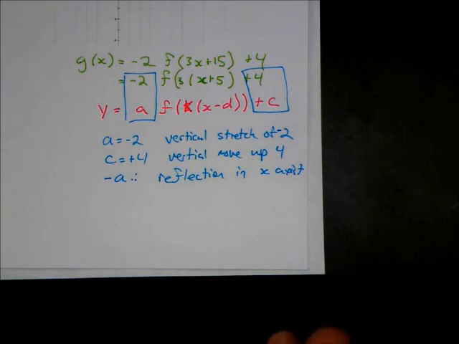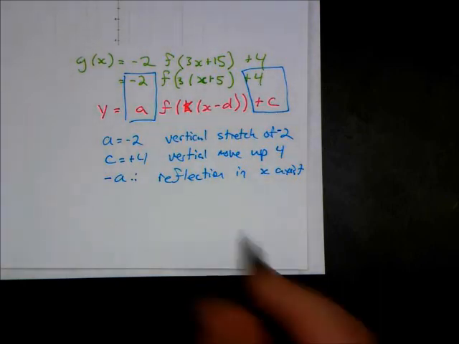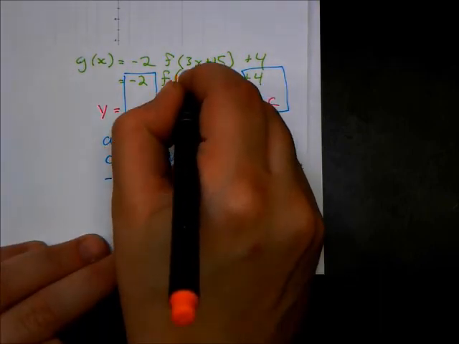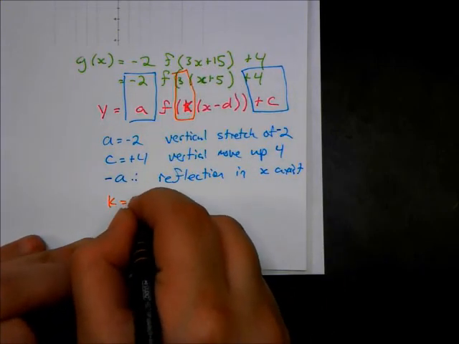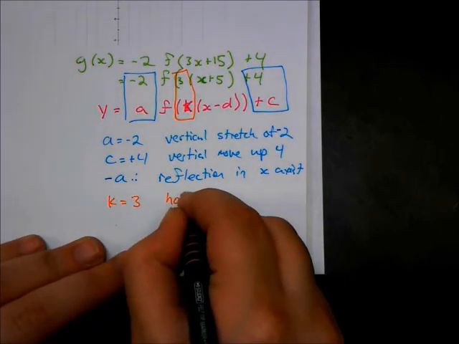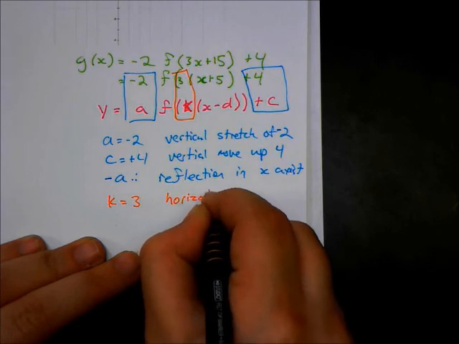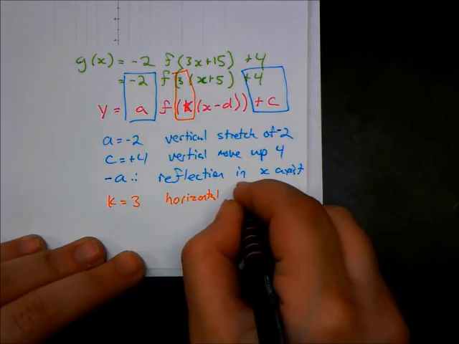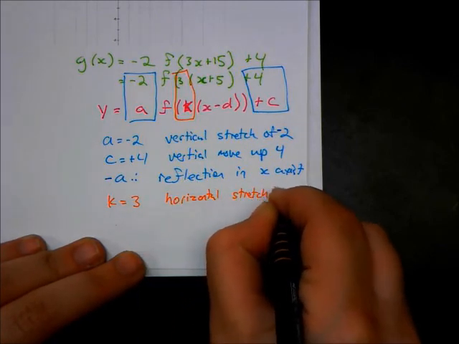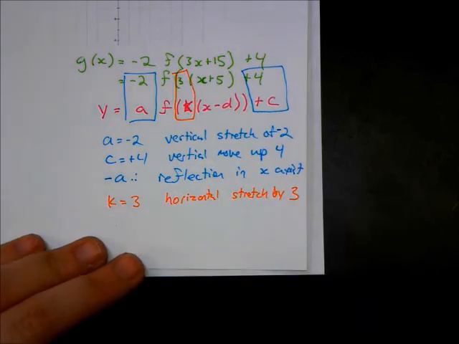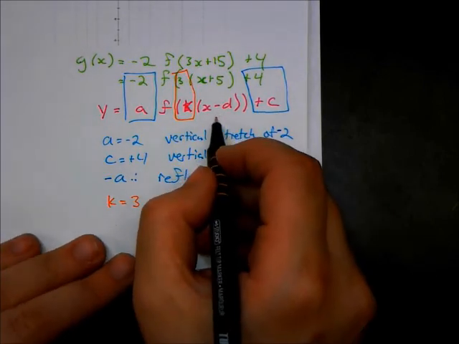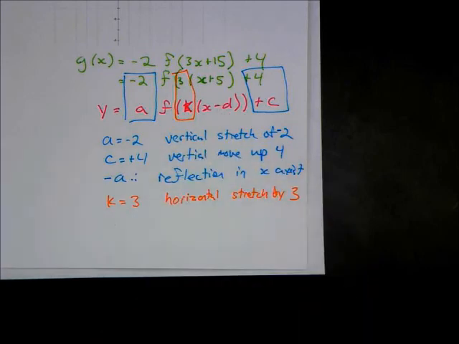It's when we look at the horizontal stuff that things get a little weird. For our horizontal stuff, we can see that our k is 3. K equals 3. That's a horizontal stretch by a factor of 3. Now look at this. We have to watch carefully.